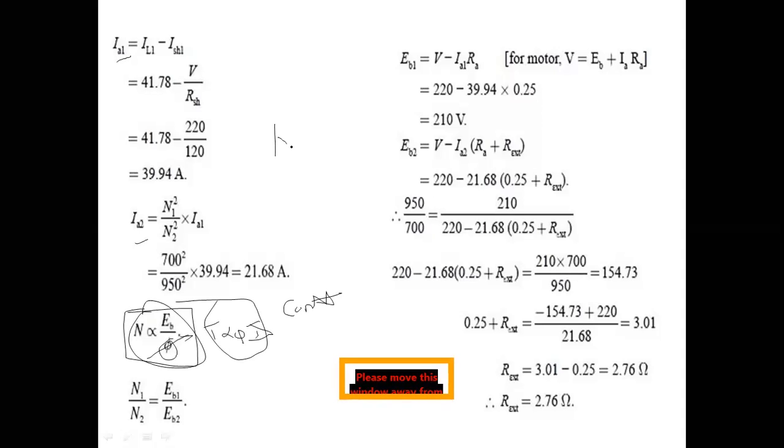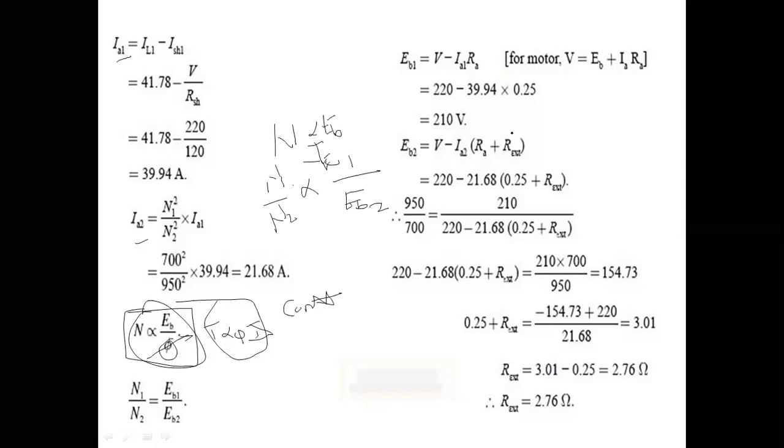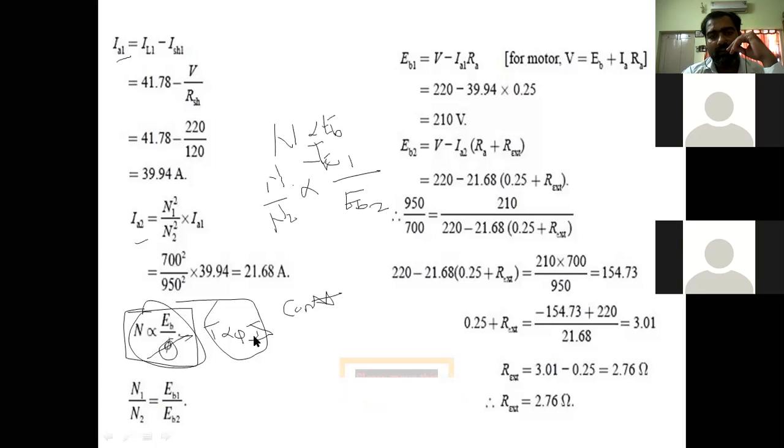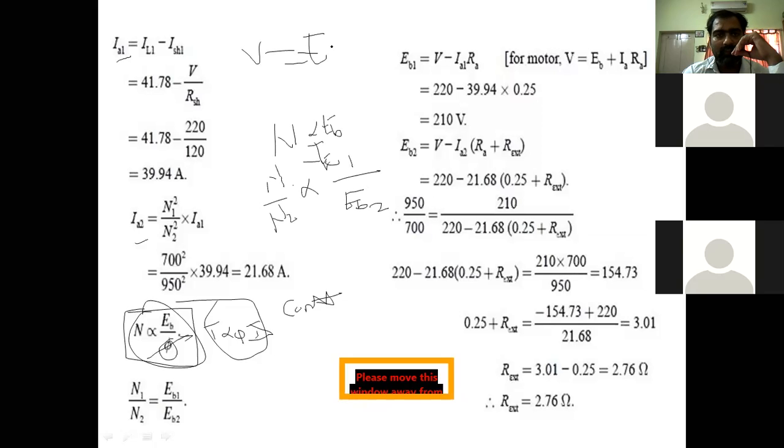That's why N is directly proportional to back EMF. So N1 by N2 equals Eb1 by Eb2. We all know the equation: voltage equals back EMF plus IaRa, the voltage drop across the armature.